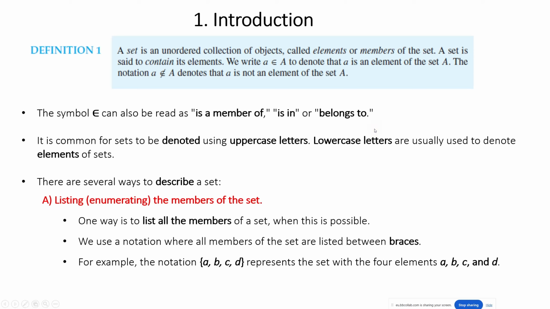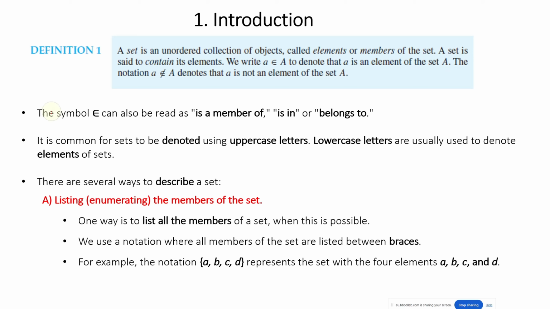Now let's talk about how we represent elements that are members of a set. We use this symbol, a small e, which says that a is an element of the set A. That's just the translation, nothing more.